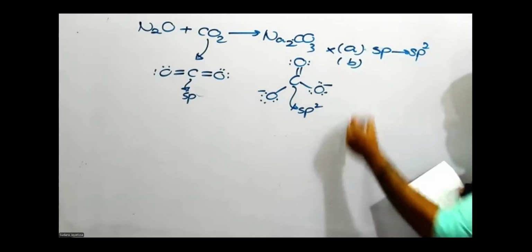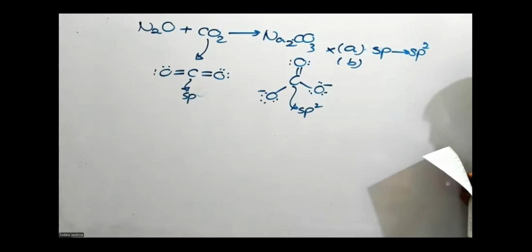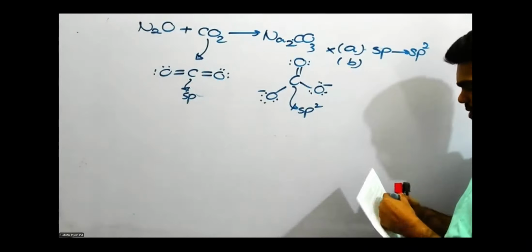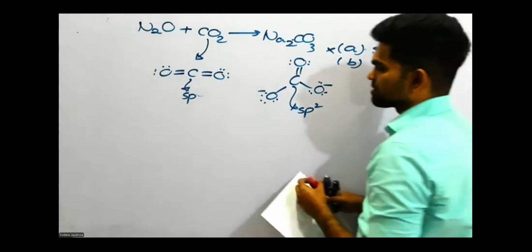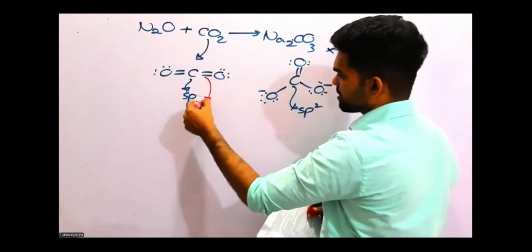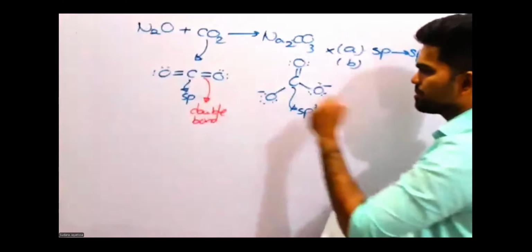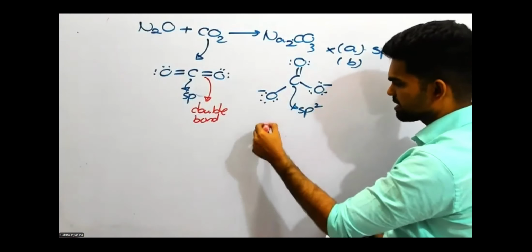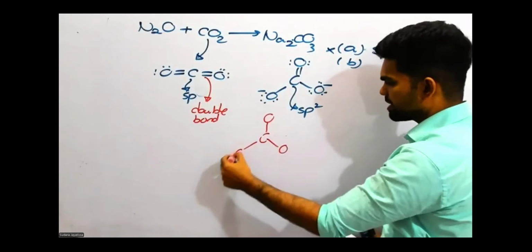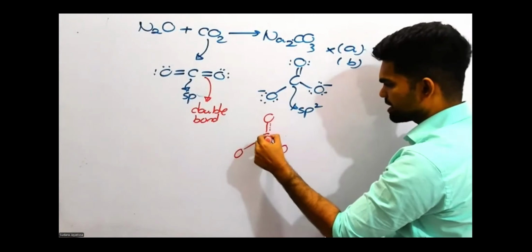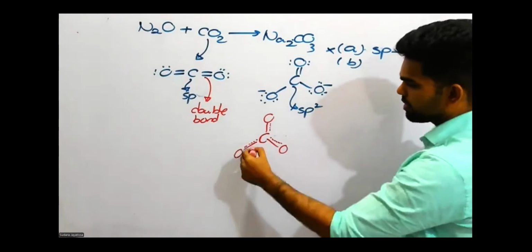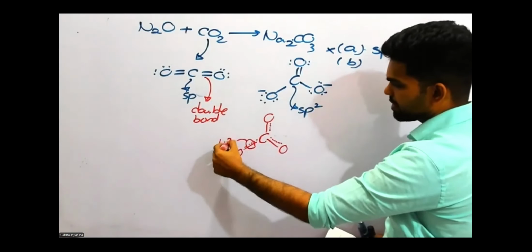So what about B? Bond length between carbon and oxygen increases. So now here, it was a double bond. But now here it's not a double bond, it has characters in between single bond and double bond. If you take the resonance hybrid of carbonate, you will understand it properly. So there are 3 resonance structures for carbonate, and the bond order is going to be 1.33.